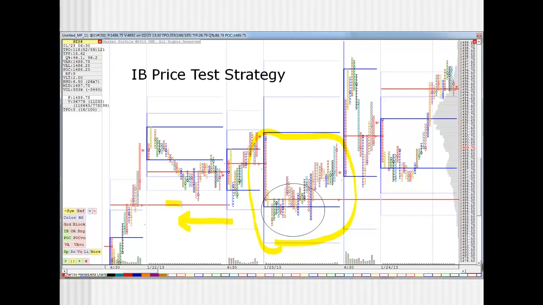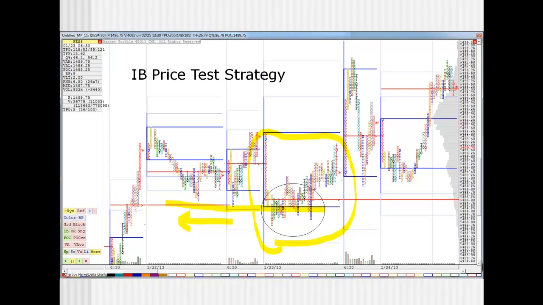So this level is an important and critical level, and it carries on through. And notice also that in this same zone we have an IB 150% value, which is another important reference. Then we end up with the initial balance low for this trading day in that same zone.